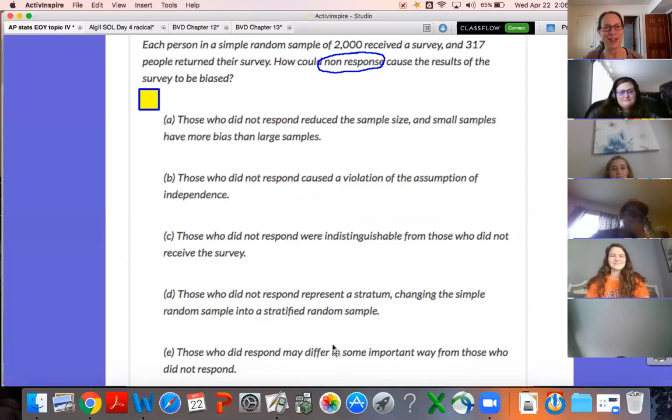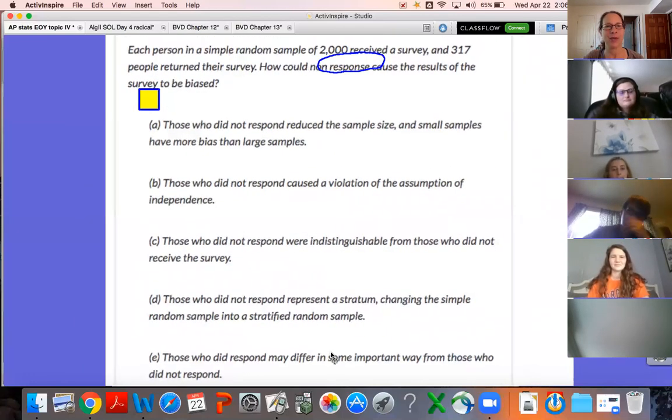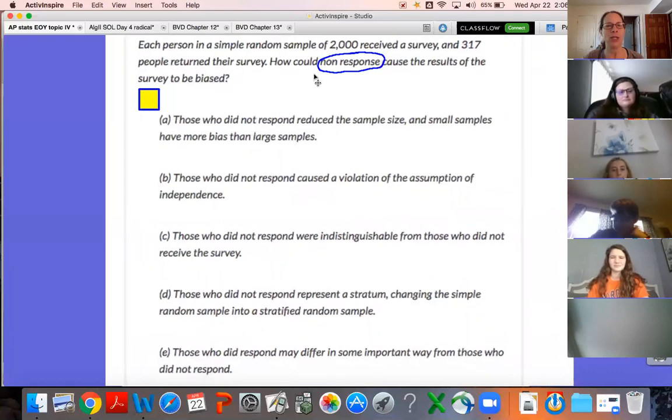Okay, so where am I? Which of these are non-response? Each person in a simple random sample of 2,000 received a survey and 317 people returned it. How would it cause the results of the survey to be biased?